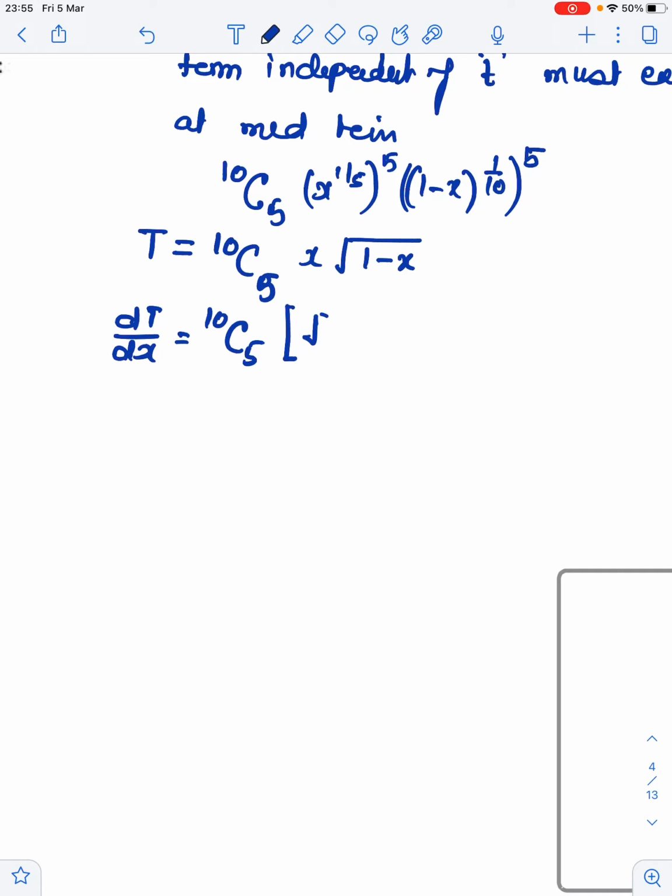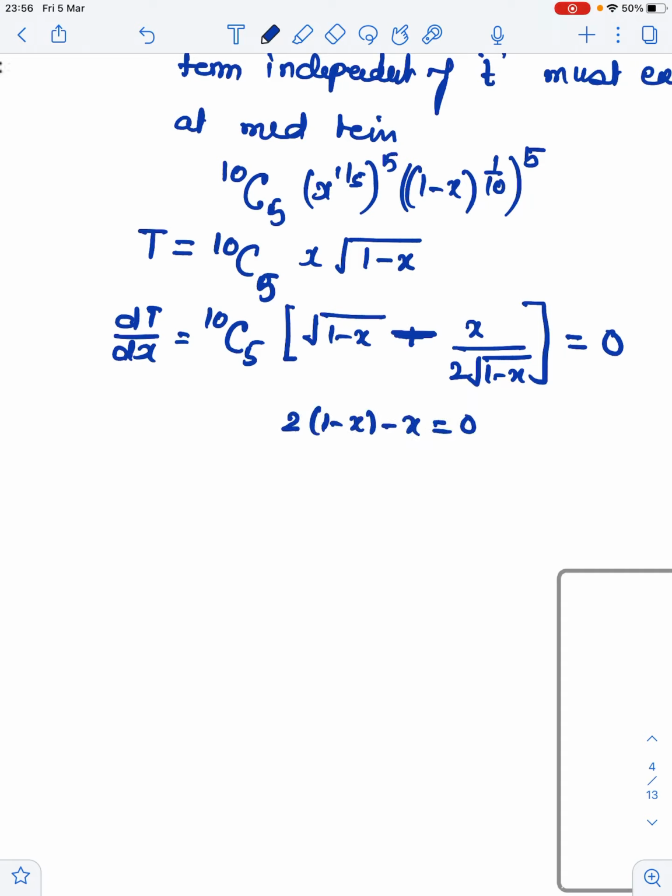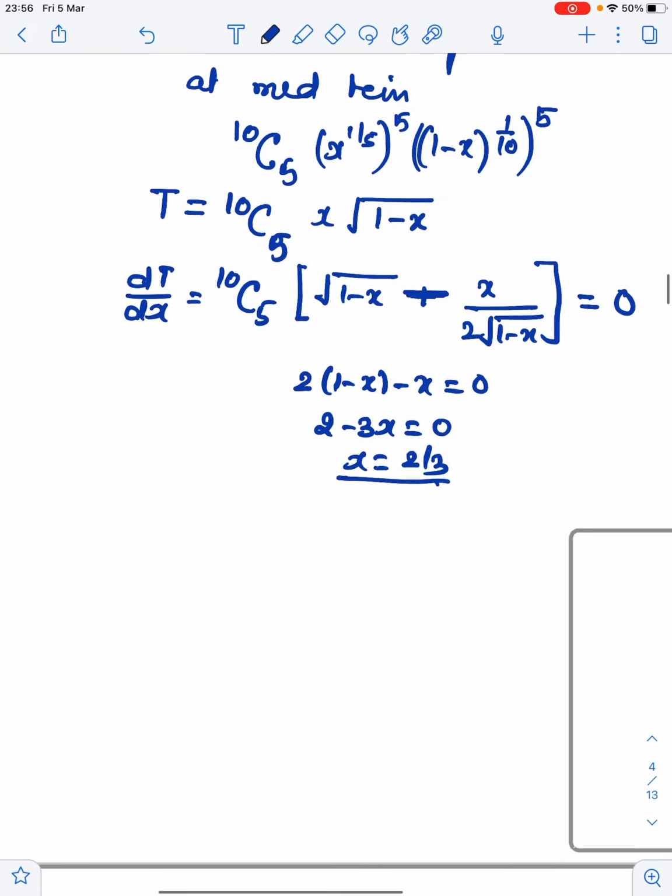So now when you differentiate, root of 1 minus x into differentiation of x is 1, plus x into differentiation of this is 1 by 2 root 1 minus x, and differentiation of 1 minus x makes it minus, and this has to be 0 for maxima or minima. So when you simplify it, this becomes 2 times (1 minus x) minus x equal to 0, which is 2 minus 3x equal to 0. So x comes out to be 2 by 3.